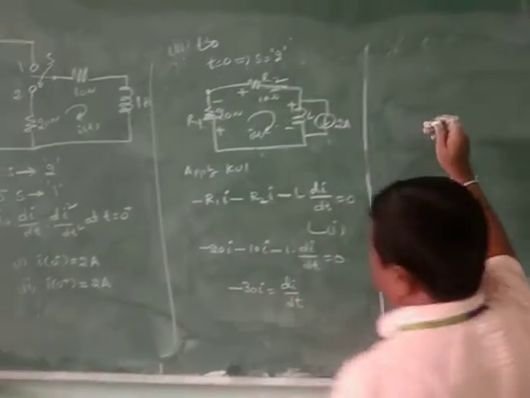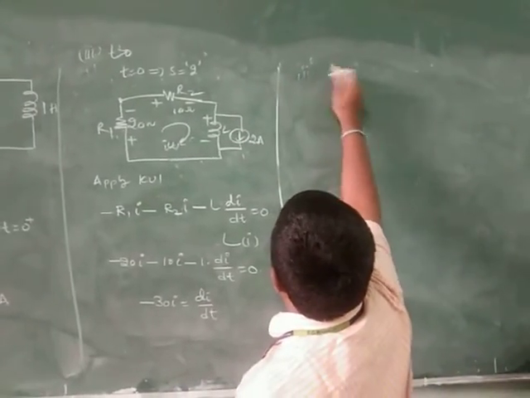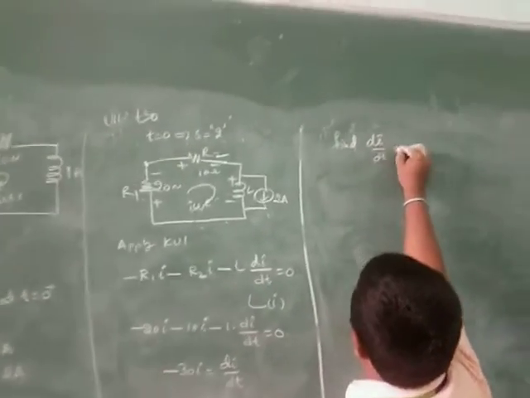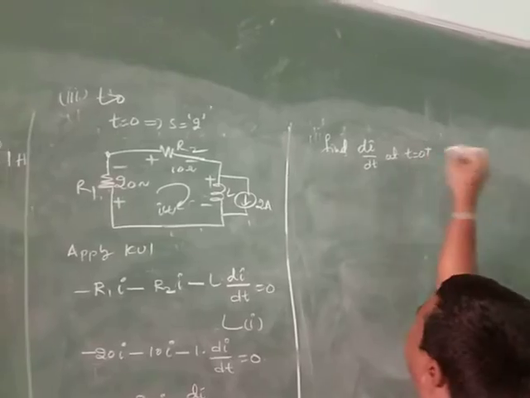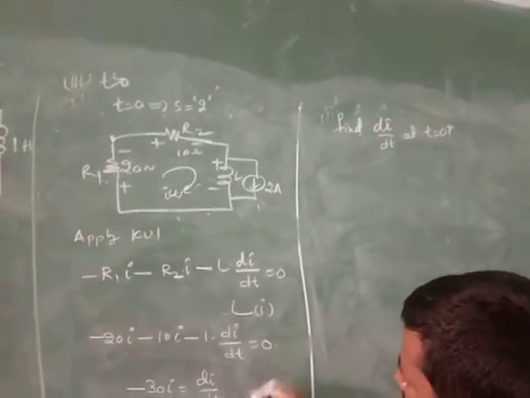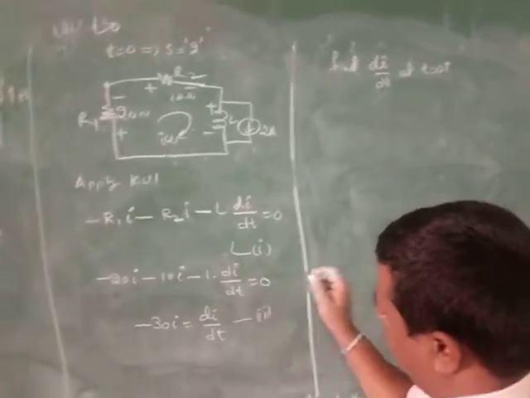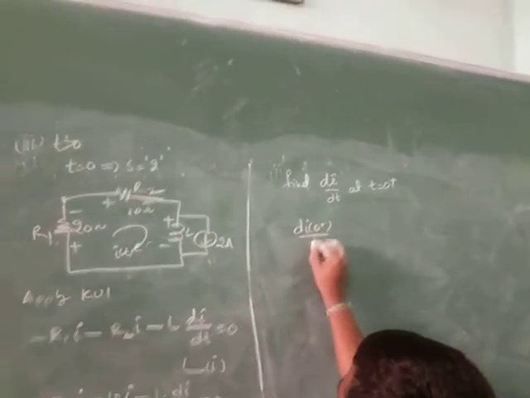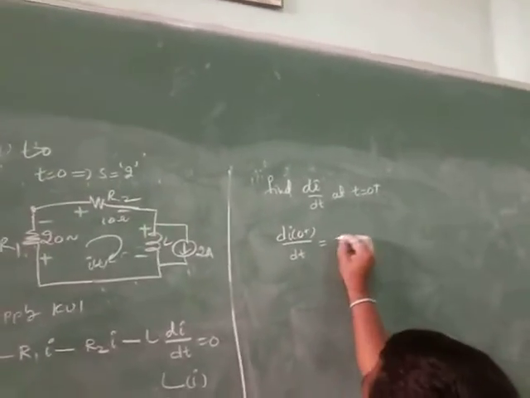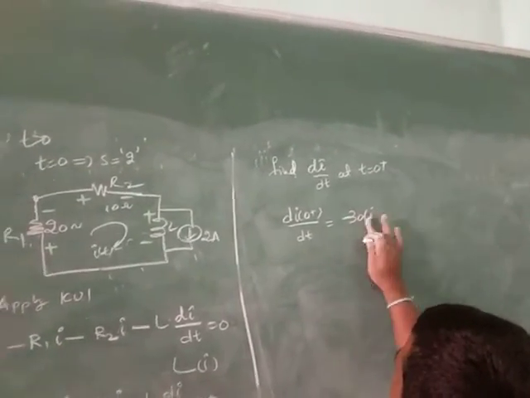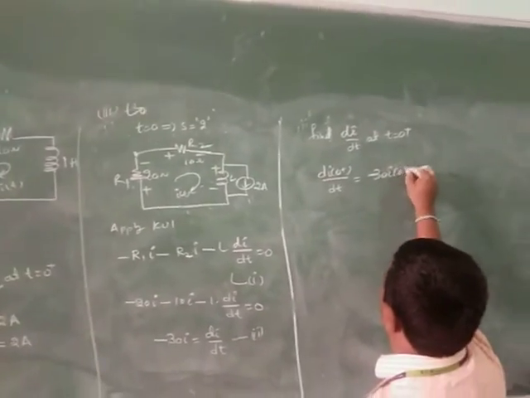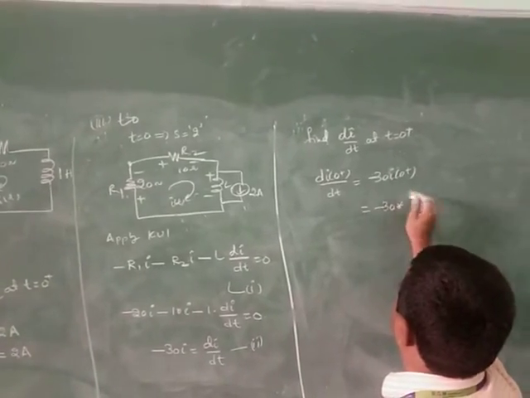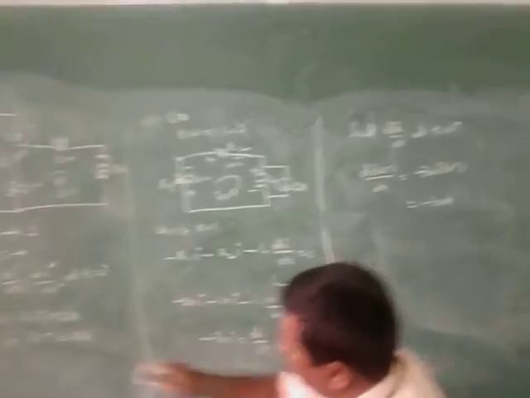Now substitute the condition to find di by dt at t is equal to 0 plus. Suppose this is equation 2. By using equation 2, di of 0 plus by dt is equal to minus 30 I of 0 plus, that is minus 30 into I of 0 plus, which is already 2 amperes.